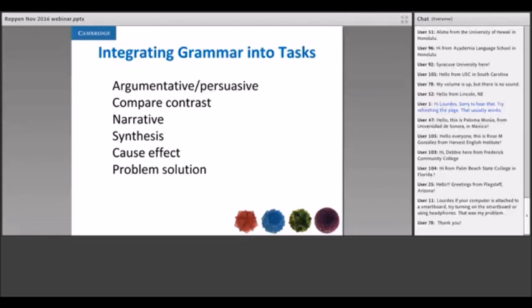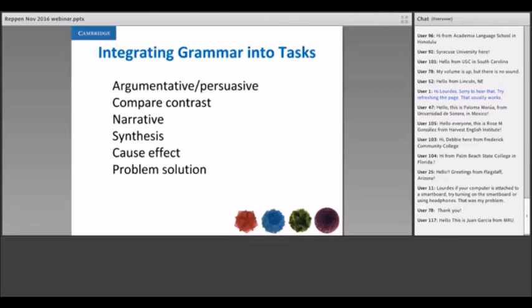So these tasks came about as research that was done, and we collected writing from private colleges, community colleges, and universities to see what types of writing tasks students typically did. And these were 6 of the tasks that repeatedly came up.